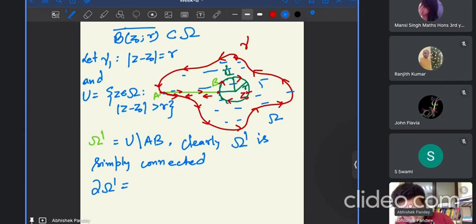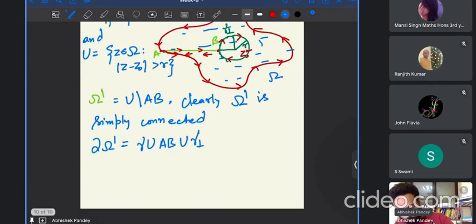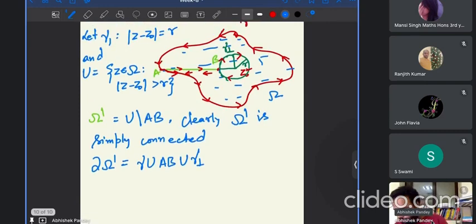So basically the boundary is gamma union AB union gamma 1, in the positive direction.